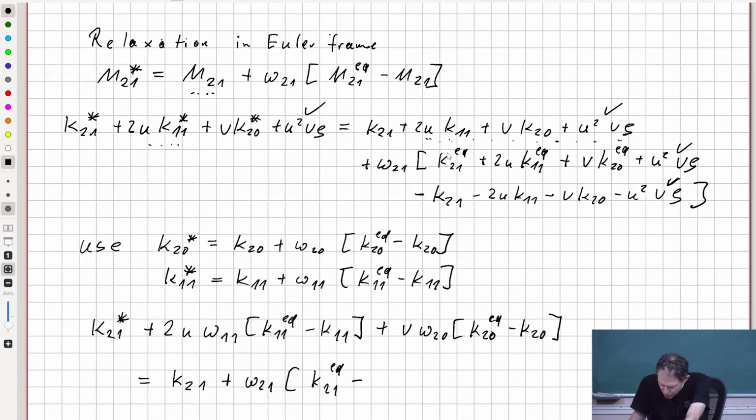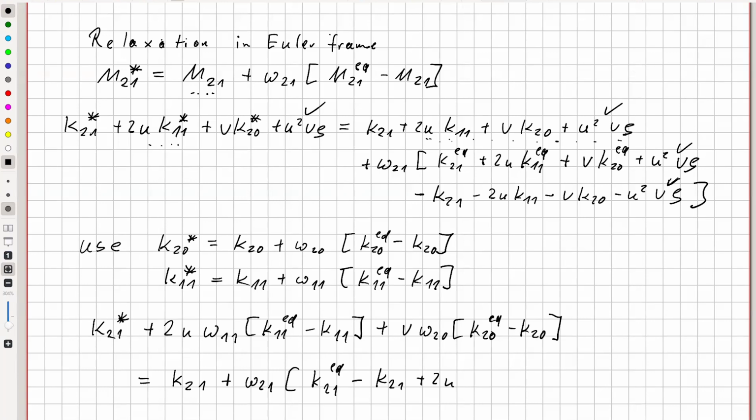What I'm going to do is group this with this here, it's K21 plus 2U, and I'm grouping this here with that here, so it's K11 equilibrium minus K11, and then I'm grouping this here with this here, gives me plus V K20 equilibrium minus K20. Hopefully this is correct, and this is what we have.